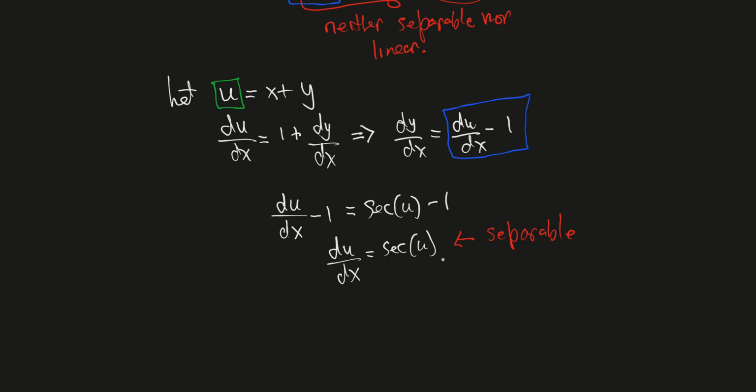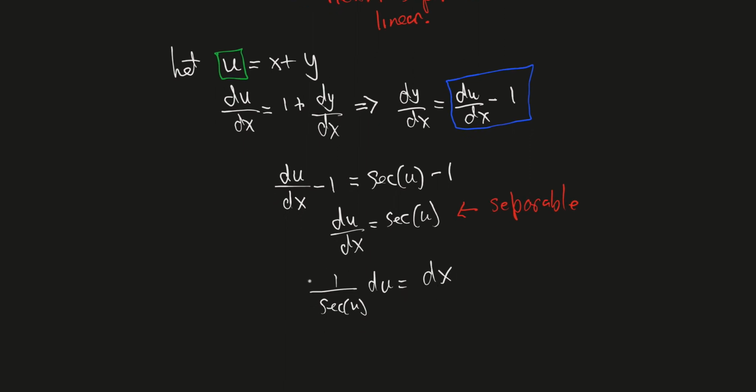So let's multiply both sides by dx and divide both sides by the secant of u. And it looks like this, right? And now let's integrate both sides. Now, 1 over secant is cosine, so let's rewrite that in a simpler form.